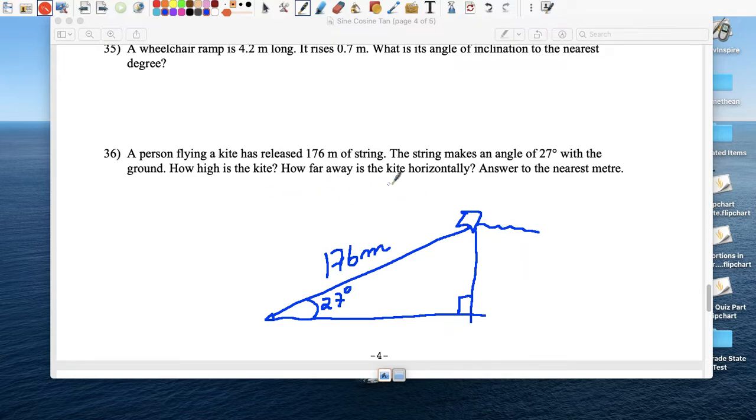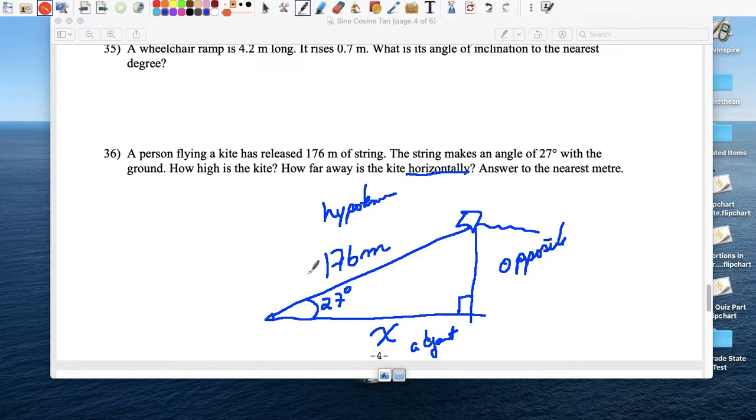And how far away is the kite horizontally? We want this distance, not this, so that's incorrect. It says horizontally. So this is still the opposite, this is still the hypotenuse, and this is still the adjacent. But we want different functions.